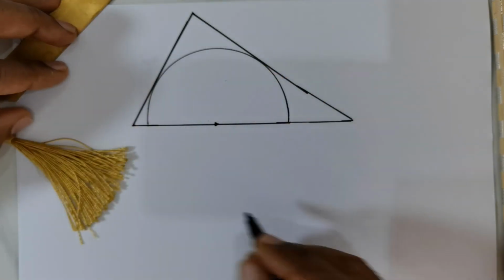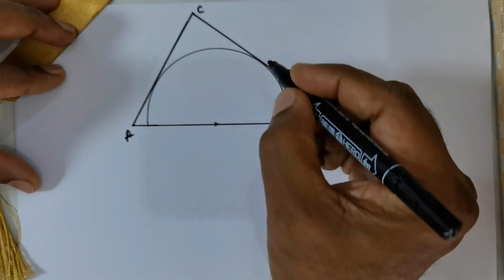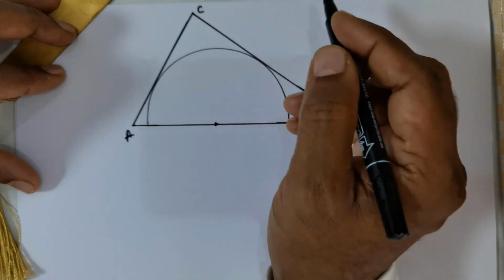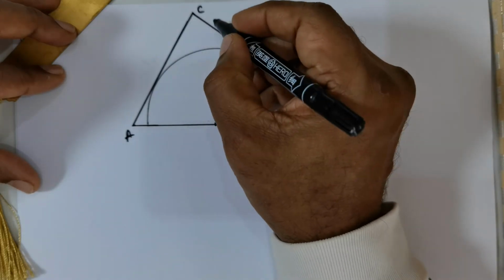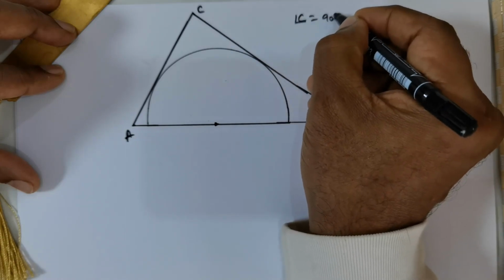So this is A, B and C. At C we have a 90 degree, right? So angle C is 90 degree.